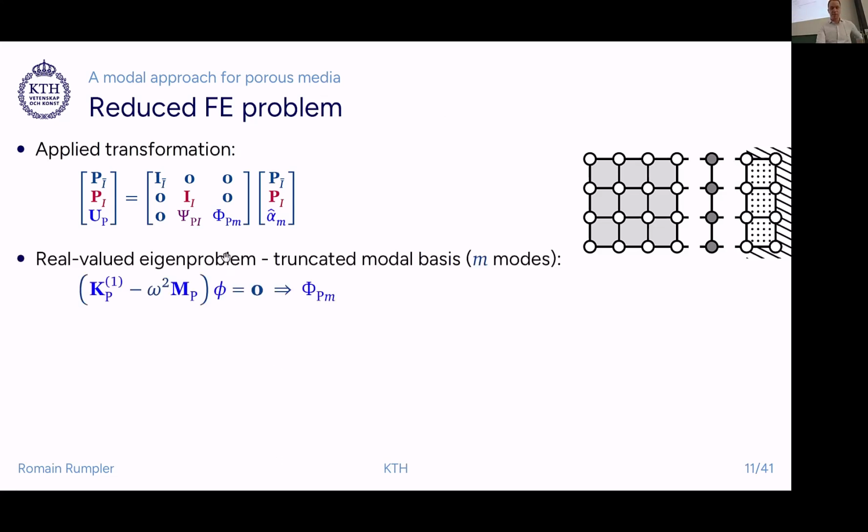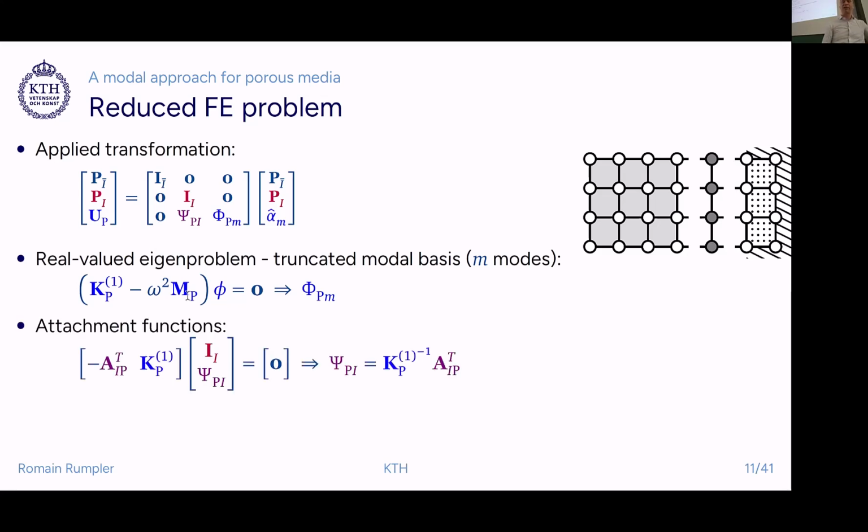So now this modal matrix, as I said, let's try to build it from those two, the low frequency stiffness and the mass matrix for the poroelastic medium, using 6 degrees of freedom in there, which will lead us to a set of porous modes. And then the attachment functions, as I said, are the result of a Dirichlet type of problem, purely considering this part of the problem where we have the interface acoustic degrees of freedom and the poroelastic degrees of freedom there.